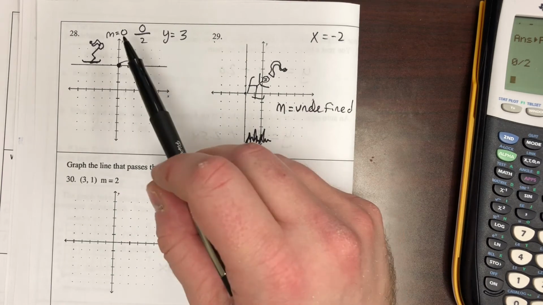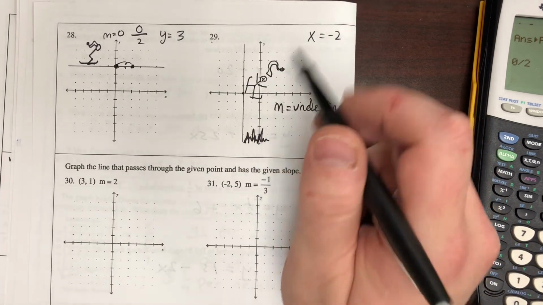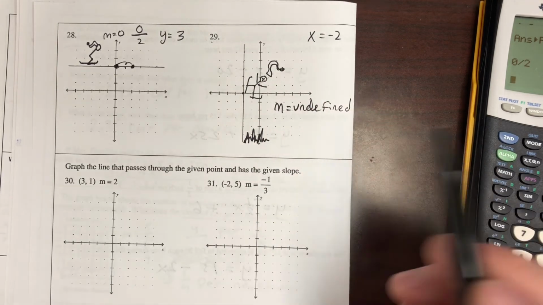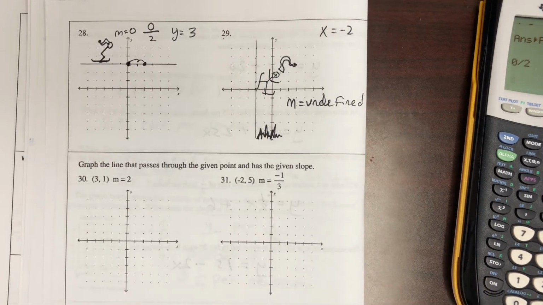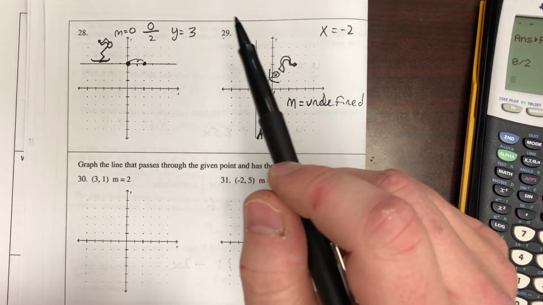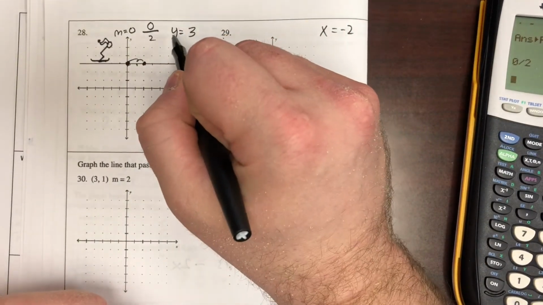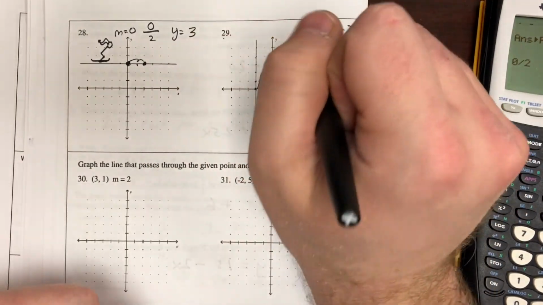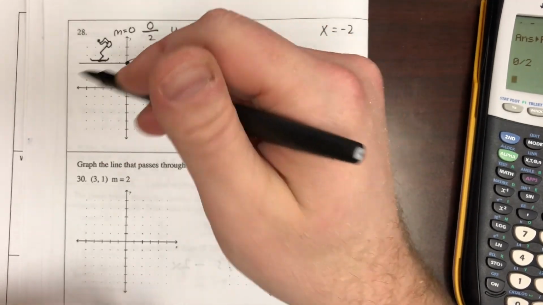So flat lines have a slope of 0 because there's 0 fun. Vertical lines have a slope of undefined because you will be undefined if you try to ski on them. And for a lot of people, sorry for my chair making loud noises, for a lot of people, y equals 3, x equals negative 2, the letter is kind of the opposite of what they want it to be.